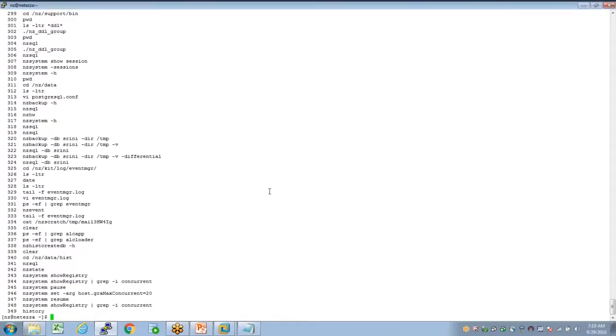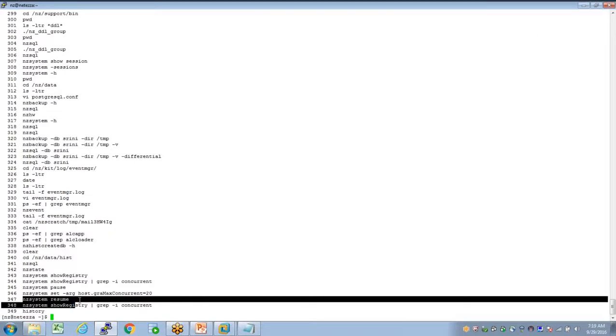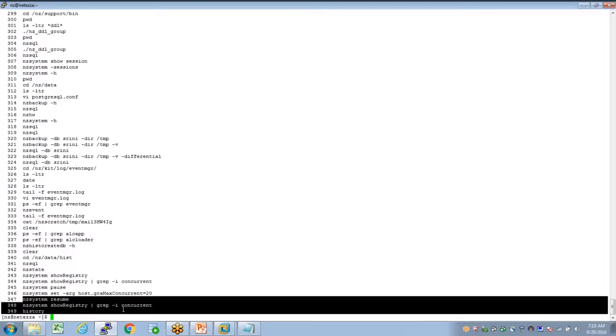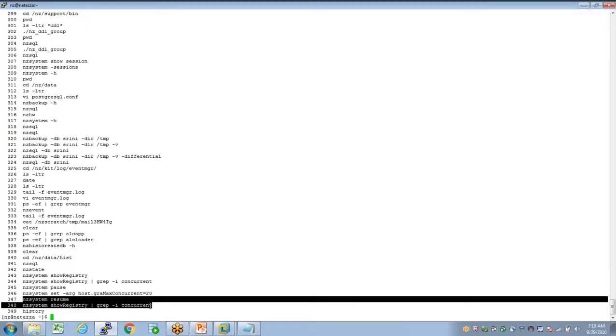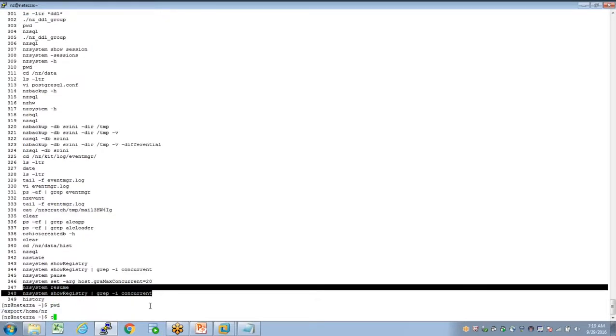Okay, so you see the steps? To change this parameter, we have to put our system in a paused state. Then we change the parameter. Then we bring the system back to resume, so it comes back to the online state.